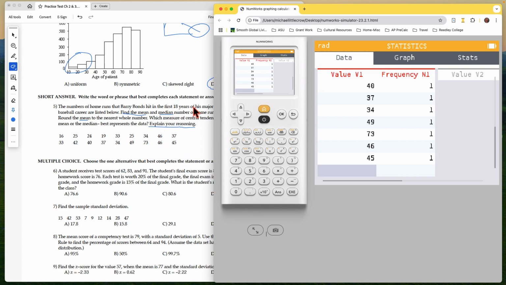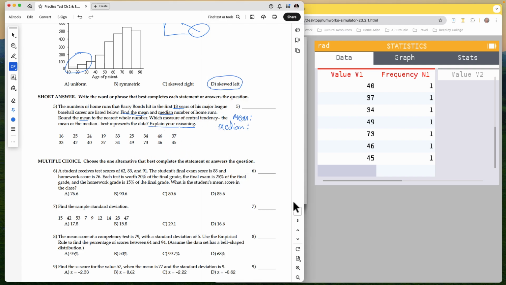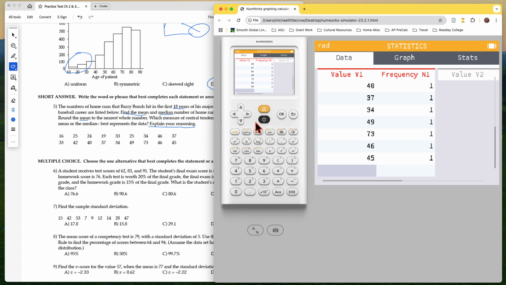They told us 18. But when we do our statistics, we want to make sure we've got all 18 in. It's always good to come back and take a look at these.